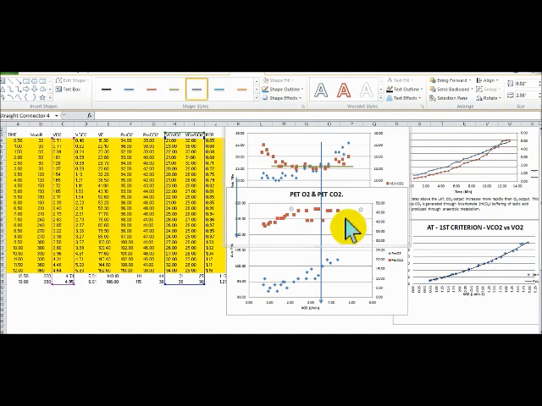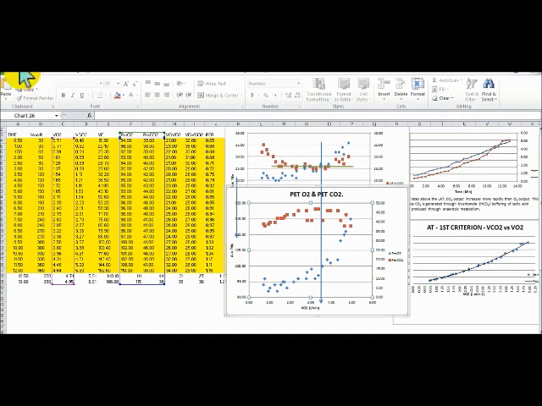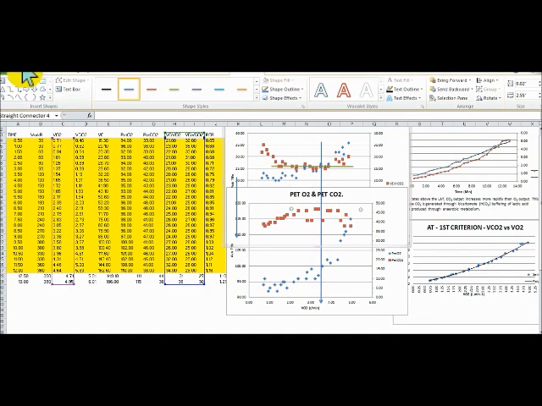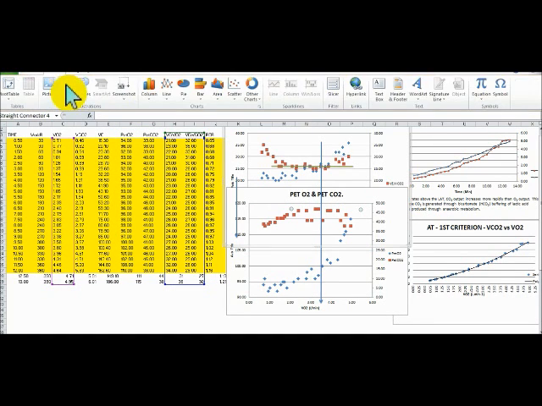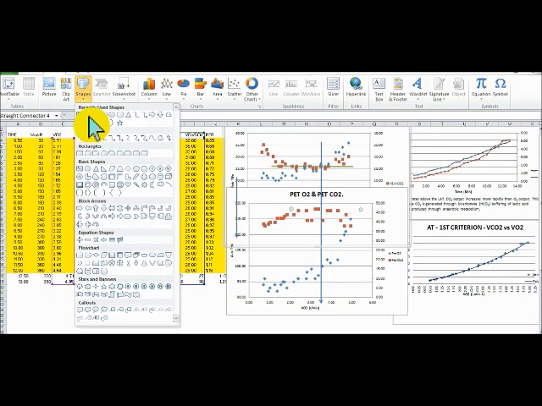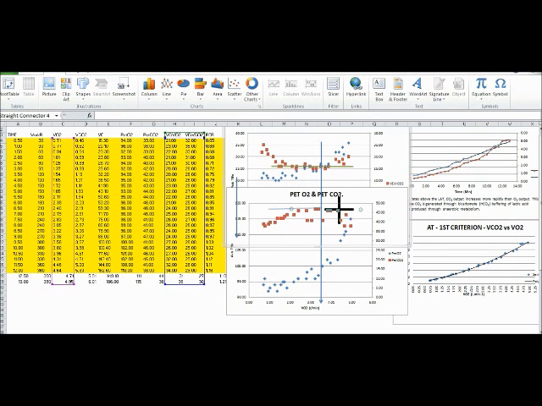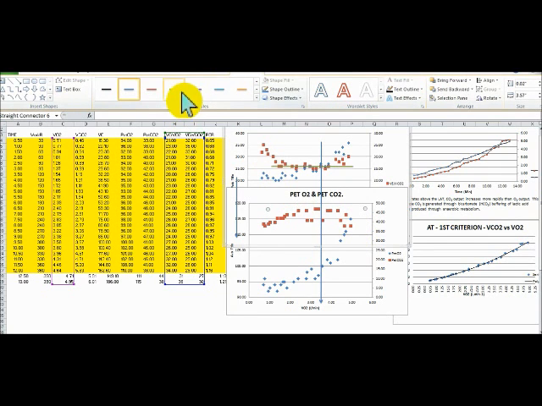I don't know what the heck is up with that line. Let's see. Let's undo that line and insert it again. Alright, so we're looking right about there. Make it purple.